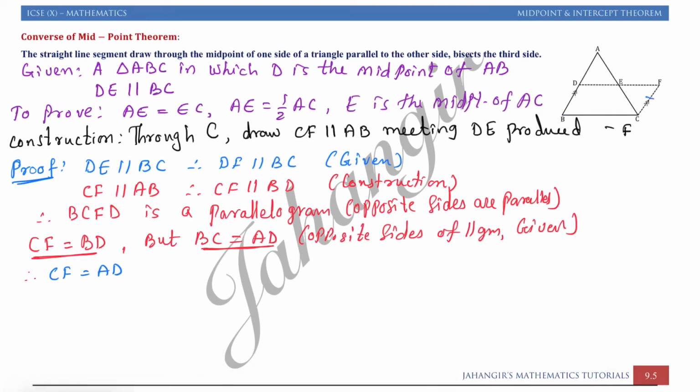Let us mark two lines. These two sides are equal. Now we will consider two triangles. One of the triangles should be this and another triangle should be this part. So there we will mark three conditions.